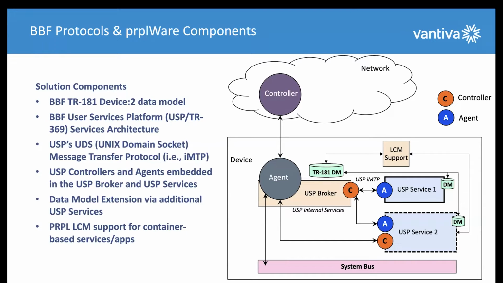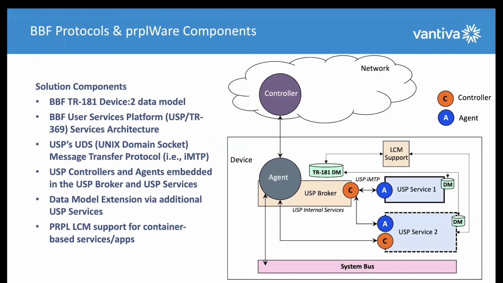And that broker is now responsible for any controller that comes into it to say, okay, if you're asking for that part of the data model, I need to go delegate that over to that USP service. So you can have multiple of these USP services on the device now. They can all be responsible for their own little parts of the data model.